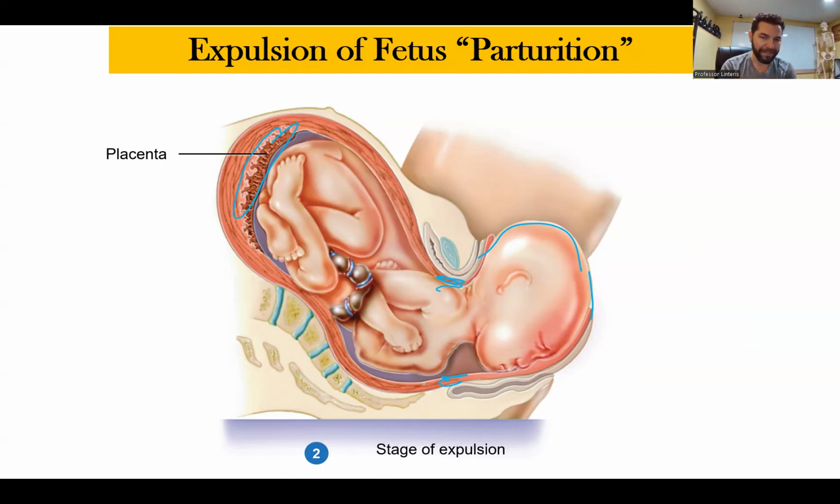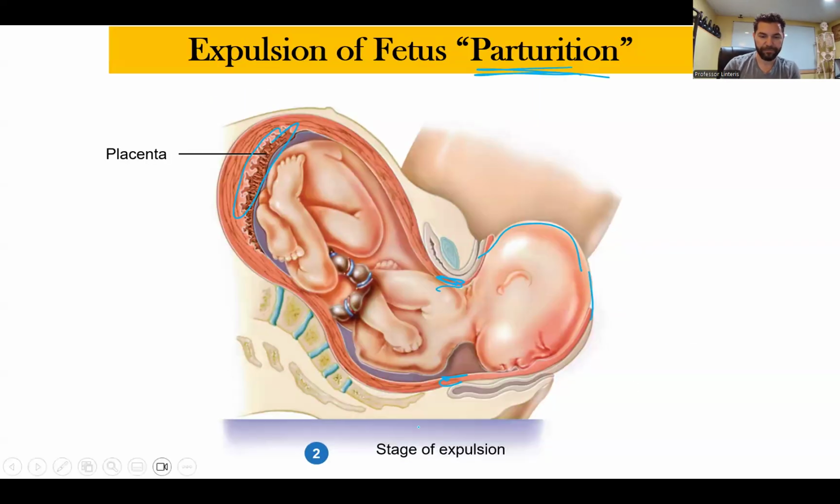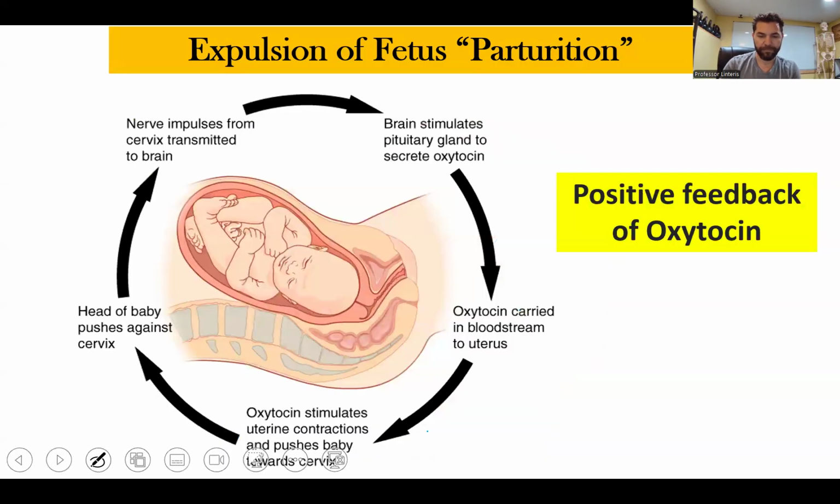We'll talk about the positive feedback associated with parturition. We call this stage expulsion, right? We call this stage dilation. And here we have, and we talked about this with the endocrine system, an oxytocin positive feedback loop.